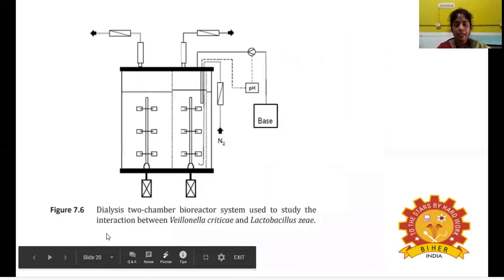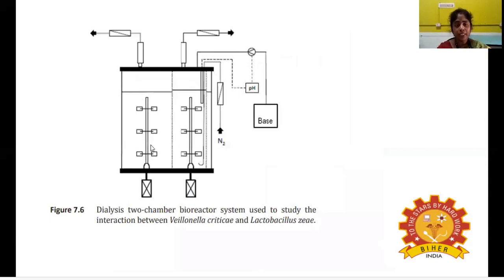When we talk about dialysis, this is a picture of a dialysis two-chamber bioreactor system that is used to study how the organisms present in the first chamber react with the second chamber. A mixture of culture is poured in, and this membrane is porous, so that the movement of organisms occurs in a random manner.